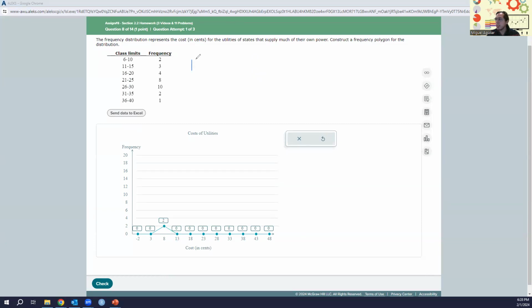Let's do the next one. We know that 11 plus 15 divided by 2 should simplify to, we'll have a 6 there, we'll have a 2 there. It should be 26 over 2. So we're looking for a midpoint of 13.